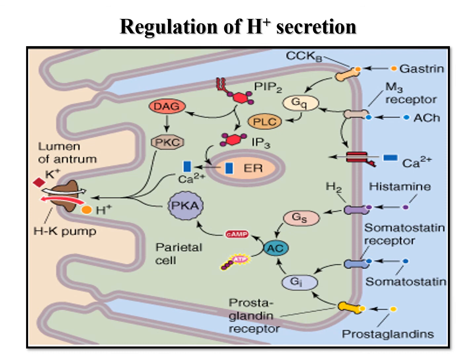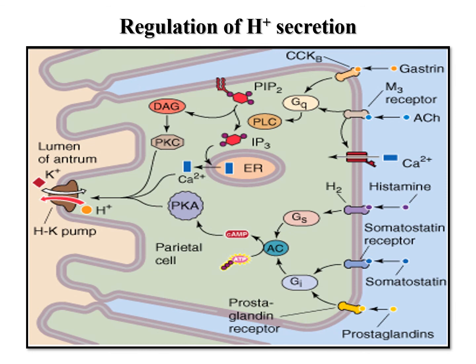Somatostatin and prostaglandin decrease acid secretion because they act through another G protein known as Gi. Both of them have their own receptors, the prostaglandin having its own receptor and the somatostatin having its own receptor, but they will act through the G protein Gi.